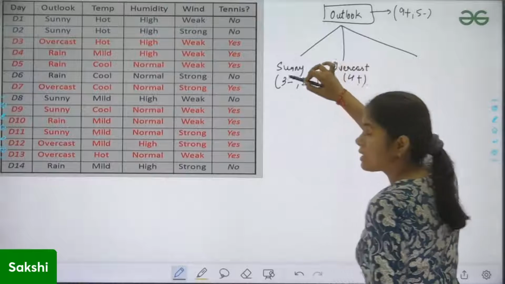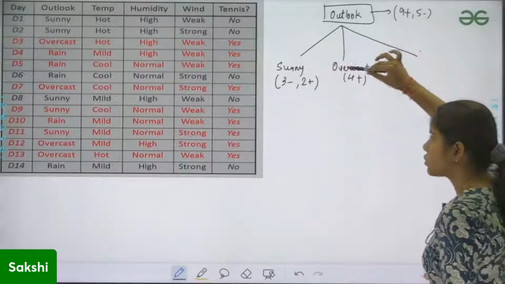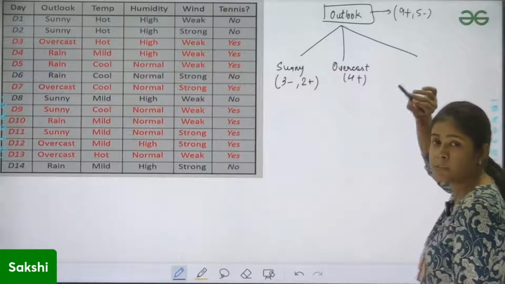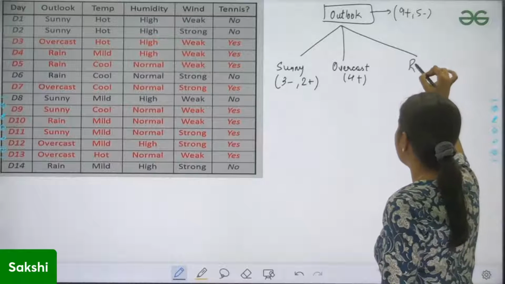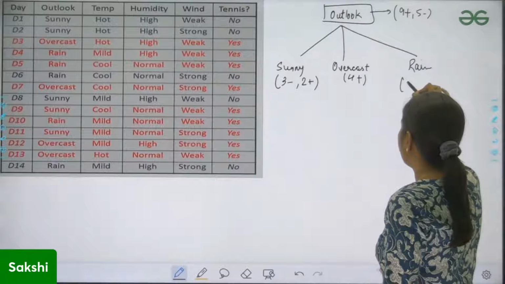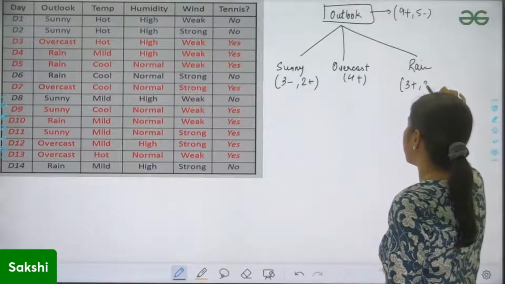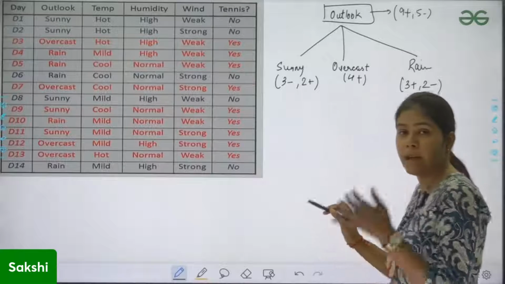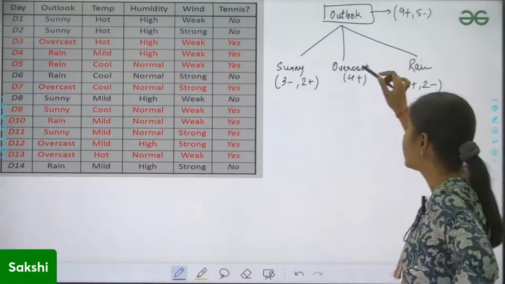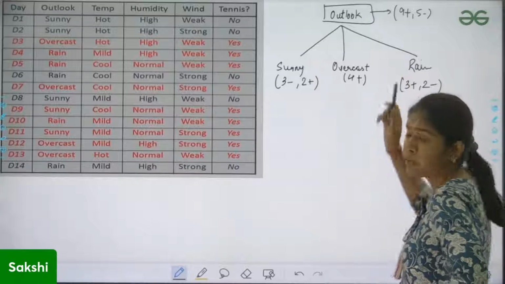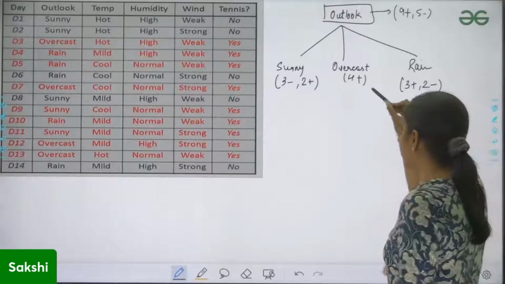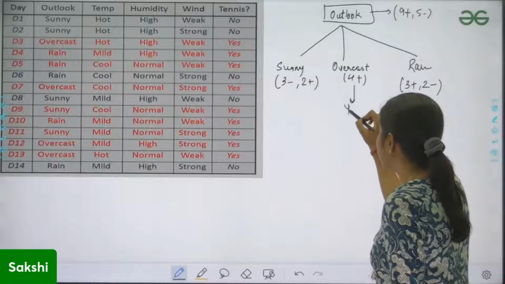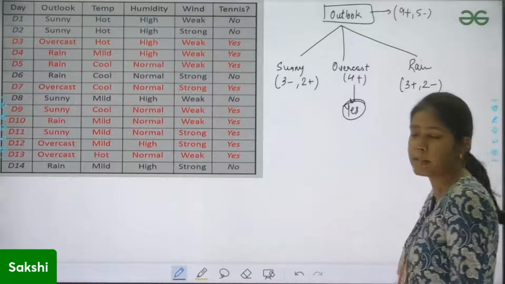That means on 3 days the person is not playing tennis, on 2 days the person is playing tennis. And when the day is rainy, we have 3 positive, 2 negative, right? So we do not have to expand the decision tree on overcast, because we know that on this day the player is going to play tennis, that means the answer is yes.